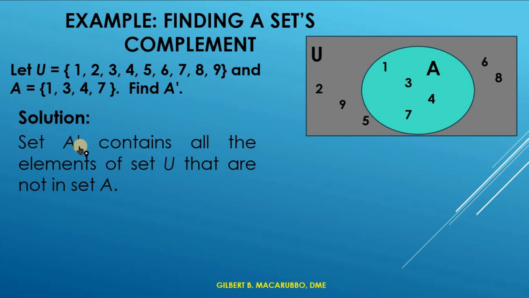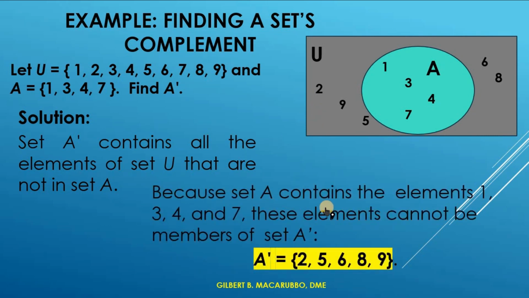The complement of set A contains all the elements of set U or the universal set that are not in set A. Because set A contains the elements 1, 3, 4, and 7, these elements cannot be members of the complement of set A or the A prime. So the elements now of A prime are 2, 5, 6, 8, and 9.